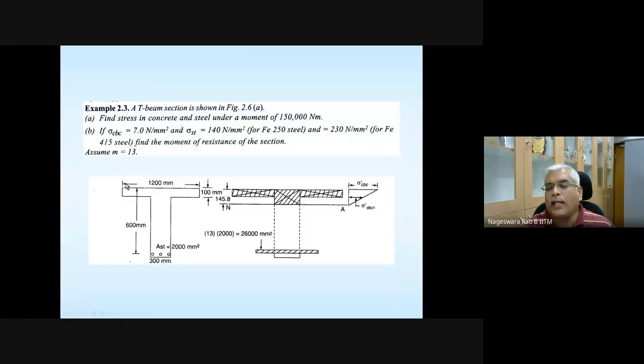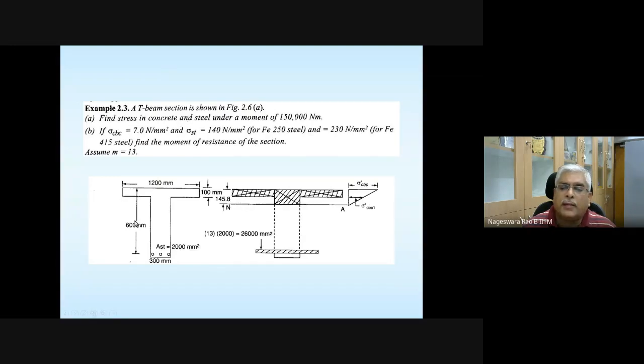Okay, flange width is 1200 mm, and flange thickness is 100 mm. And effective depth is measured from the top fiber, the top edge or the top of the flange, to the center of the reinforcement that is provided to take care of tension.